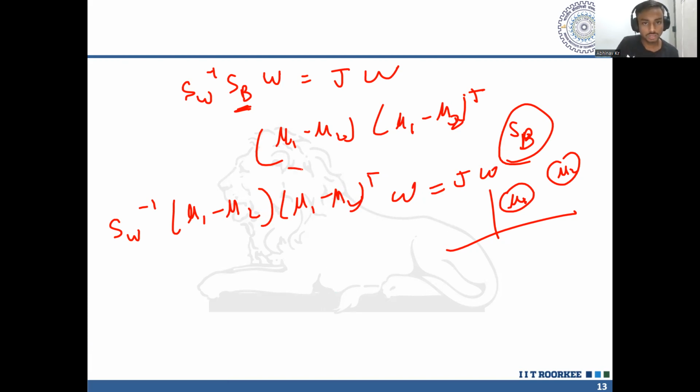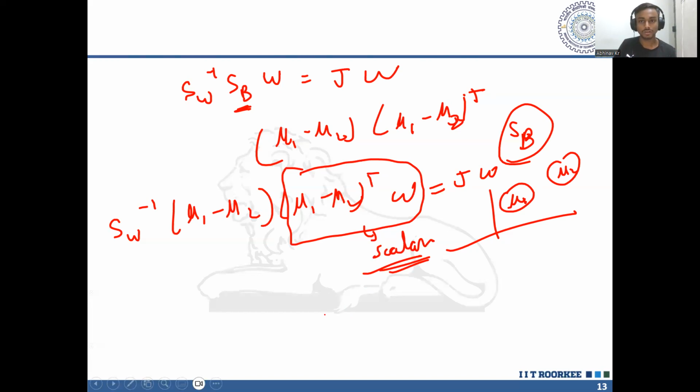Now, if you see this quantity, (mu1 minus mu2) transpose times W, it is actually a scalar. Keep that in mind: we are finding W, and this is a scalar because we are reducing the dimension from 2D to 1D. Thus this equation comes out as SW inverse (mu1 minus mu2) times a scalar.